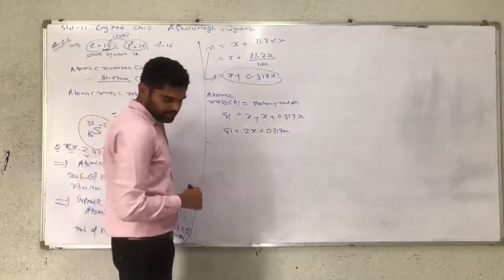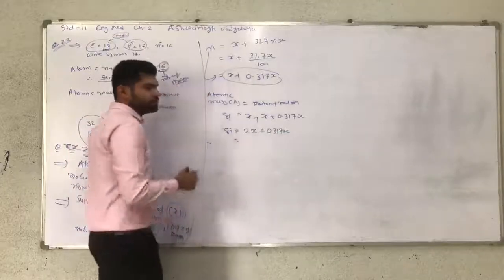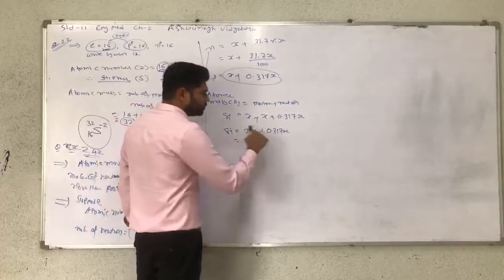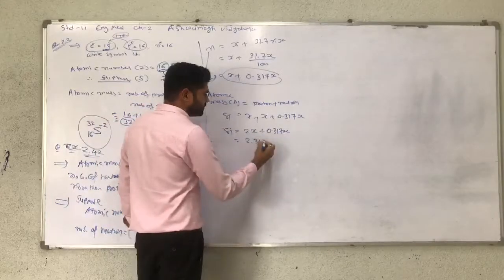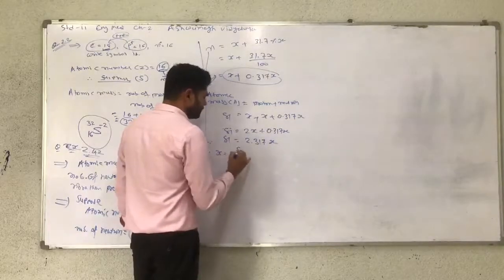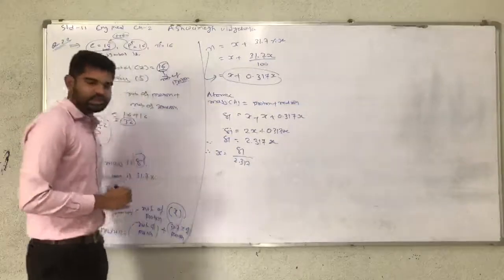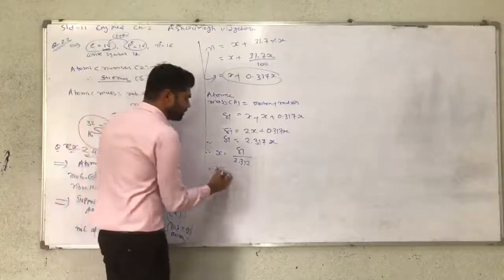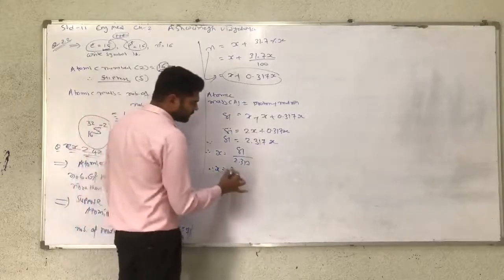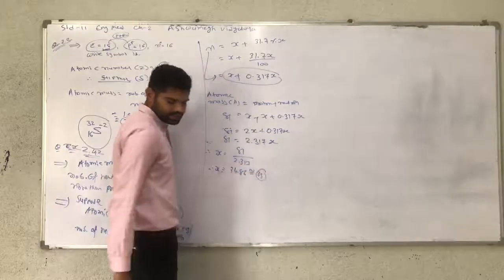So 2X plus 0.317X is equal to 81. Therefore X is equal to 81 divided by 2.317. So we calculate that, and the final answer of this question is 34.86, which is approximately 35.